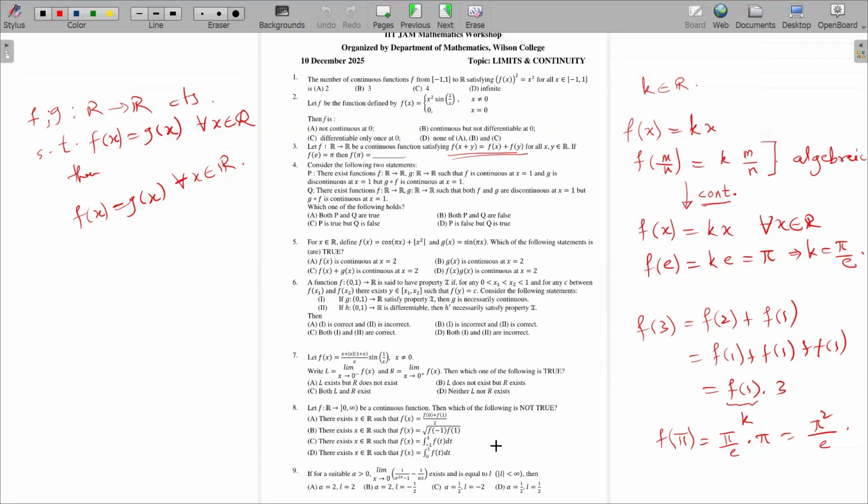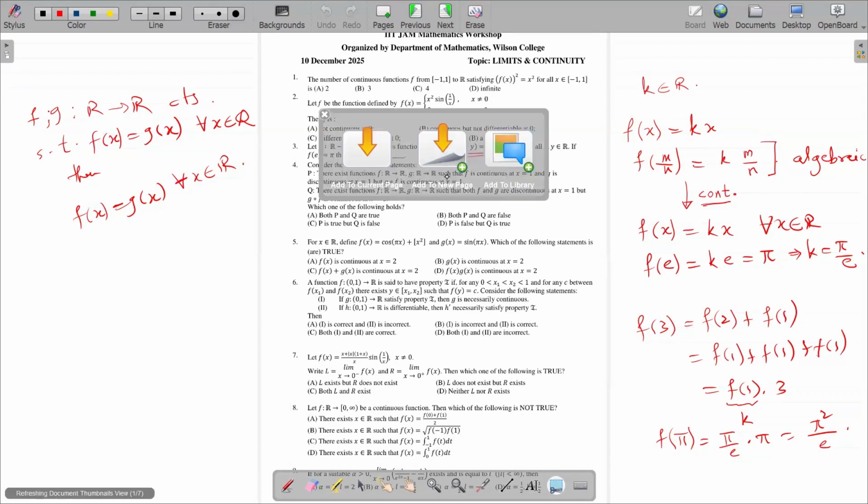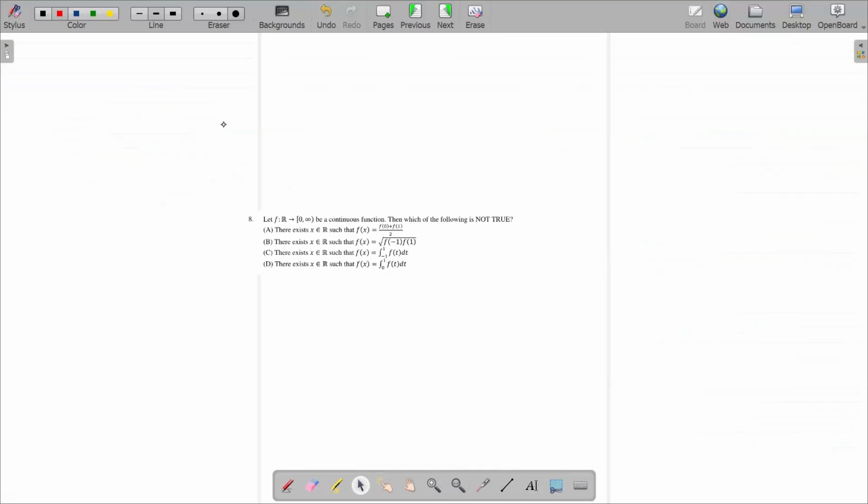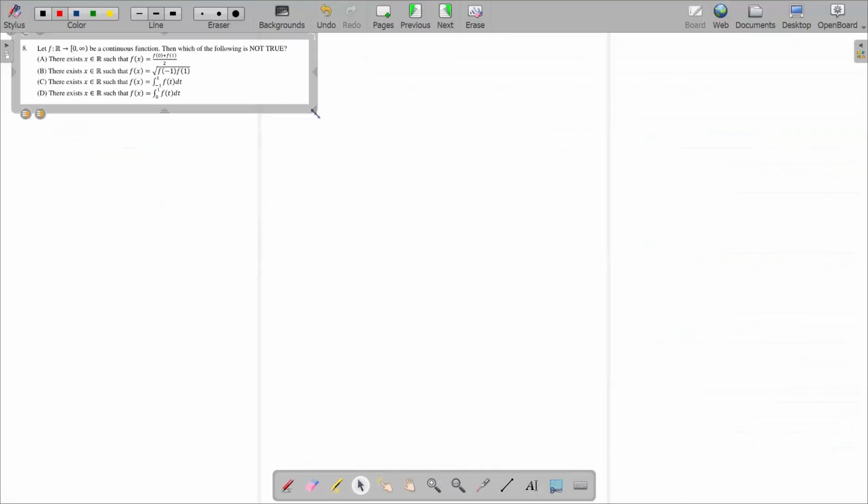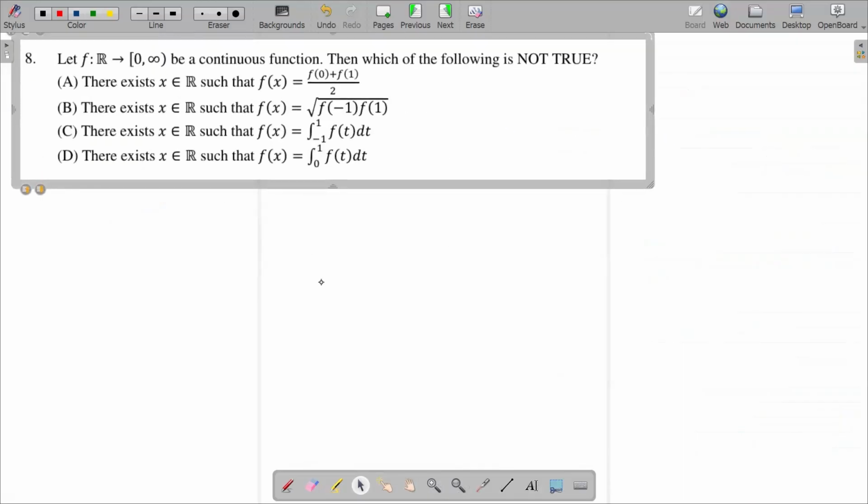Let's quickly rush through. Yeah, this you can guess it is based on what?